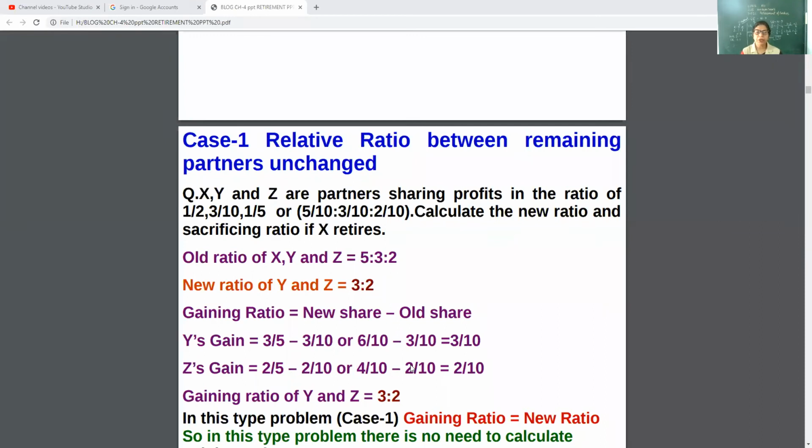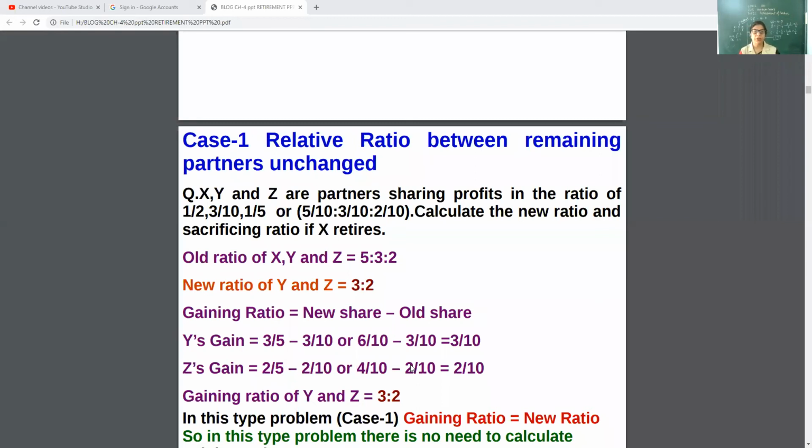Calculate the new ratio and sacrifice ratio if X retires. See, my dear children, in this case the old ratio should be simplified. How will the old ratio be simplified? By making the denominator common.